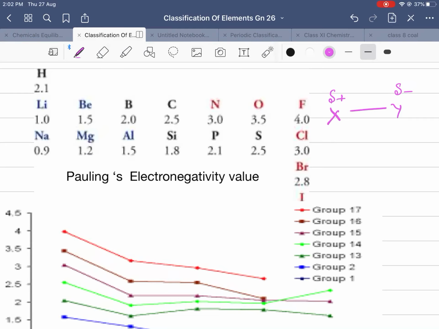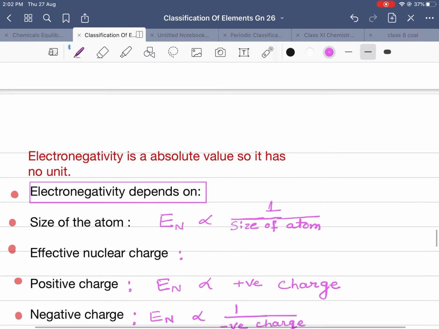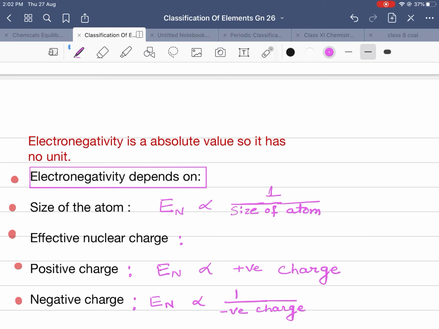There are various factors that affect electronegativity. Electronegativity is actually an absolute value, so it has no unit, and its value depends on the size of the atom, effective nuclear charge, positive charge, negative charge, and the screening constant.